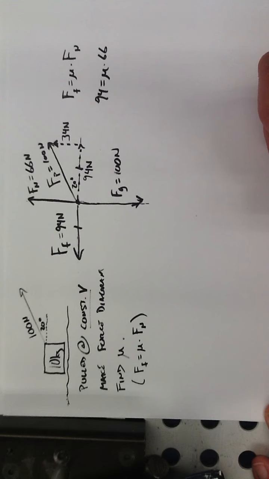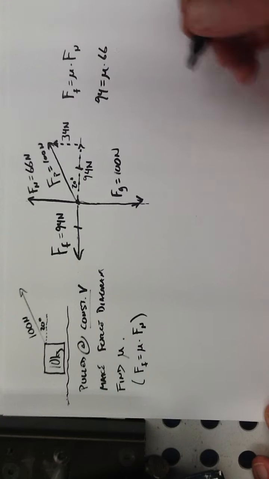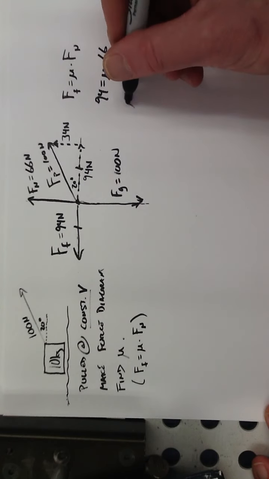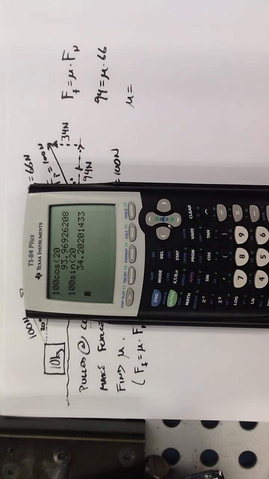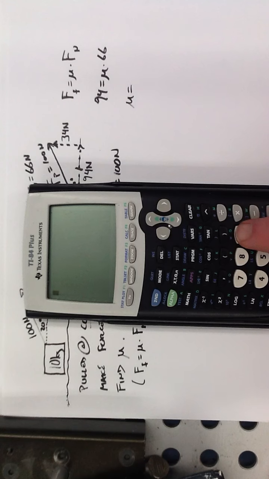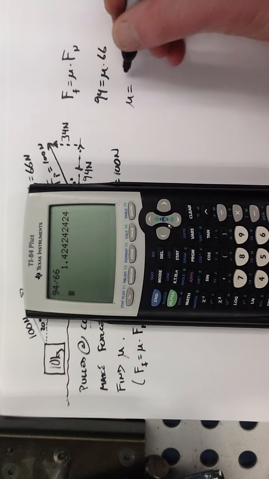I got a mu that's bigger than, I'm pausing because I don't like the mu that I got. Yeah, oh well. I just picked bad numbers there, I guess. So in this case, we're going to get a mu of 94 divided by 66, 1.42.